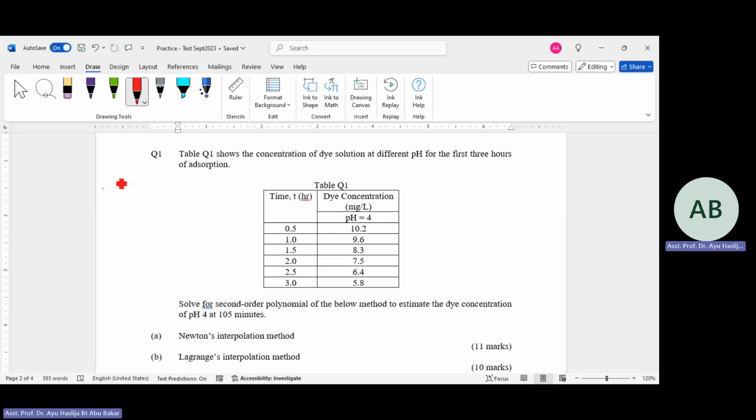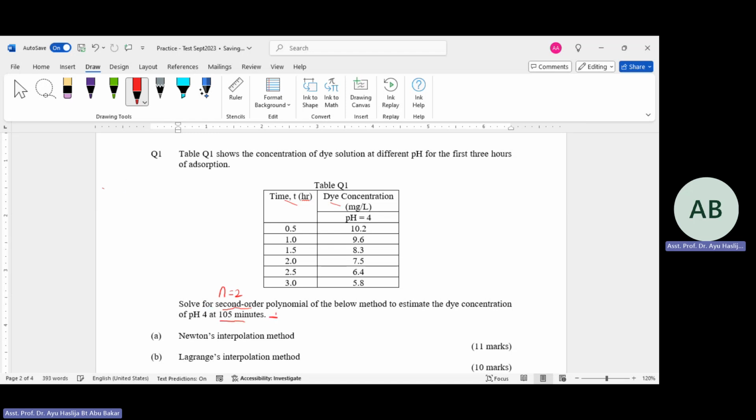The data is similar to yesterday's previous final question, where it involved the time and the dye concentration. Now it asks you to solve for a second order polynomial. So n equals 2, second order, to estimate the pH at 105 minutes.